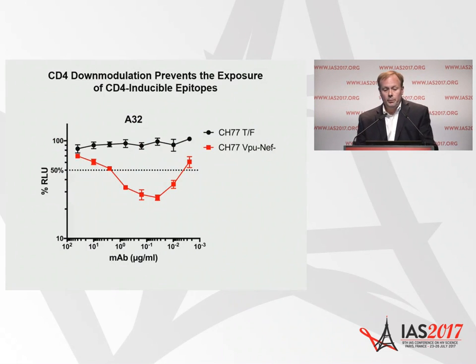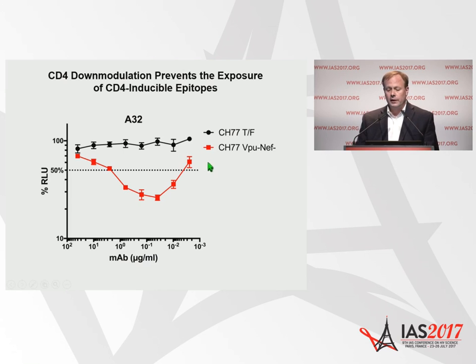The prototypical member of this class of antibodies is a monoclonal antibody known as A32. A32 binds to a CD4-inducible epitope on the inner domain of gp120 that's normally occluded in the closed, unliganded form of the trimer. When we tested this antibody for recognition of a transmitted founder virus, the wild-type virus was quite resistant to ADCC.